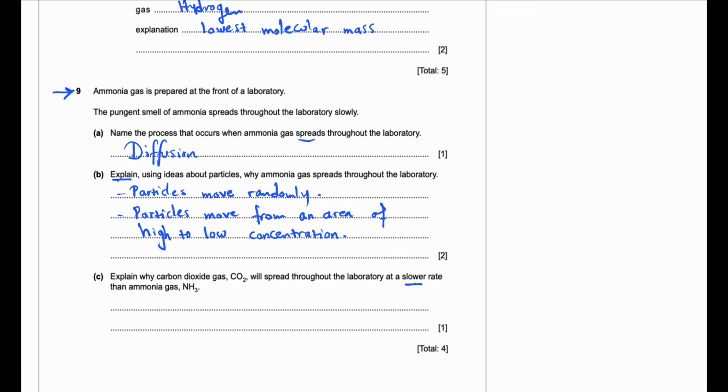Once again, slower means it should be heavier. If you calculate the mass of carbon dioxide from the periodic table, 1 carbon and 2 oxygen atoms add up to 44, while nitrogen and 3 atoms of hydrogen add up to 17. So CO2 molecules are heavier. That's why they diffuse slower.